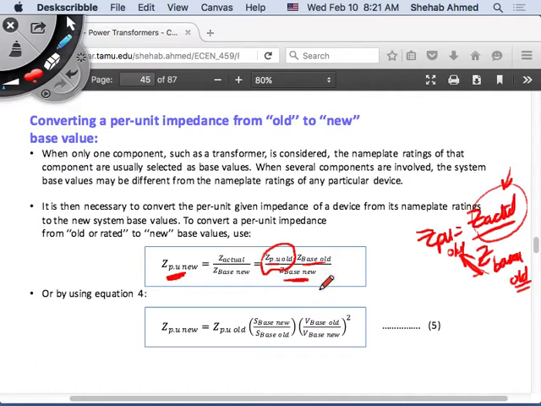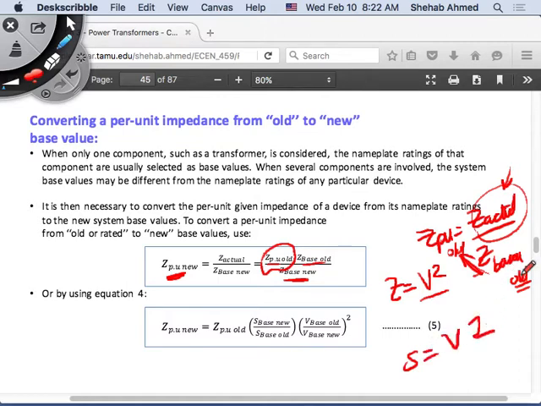If you go back to the definition of Z base, Z is equal to what? V base squared divided by the power, right?